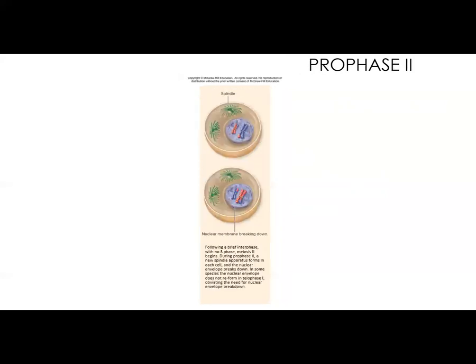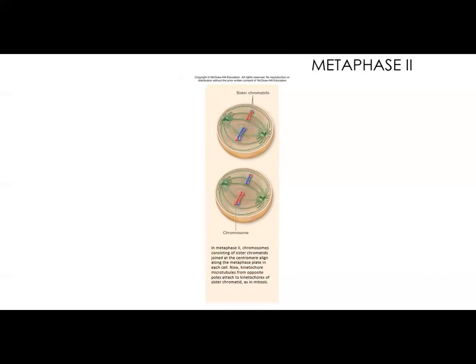And now you enter stage 2. Here you have 2 haploid cells that have developed from the original diploid cell. Notice in each one, there's one member of the homologous pair. Each homologous pair consists of sister chromatids.